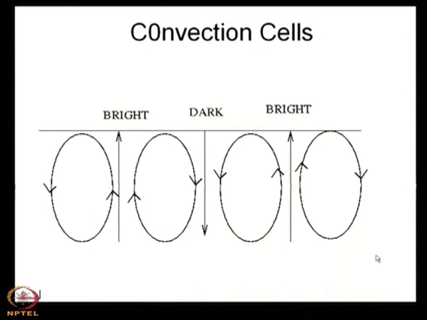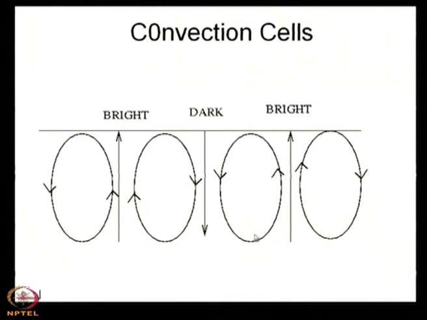When you have convection going on, you have structures that look like this. A hot bubble of gas is heated over here, rises up carrying the energy, and when it reaches the surface, it quickly radiates the energy, cools in that process, and again comes down, gets heated again and then rises up again.